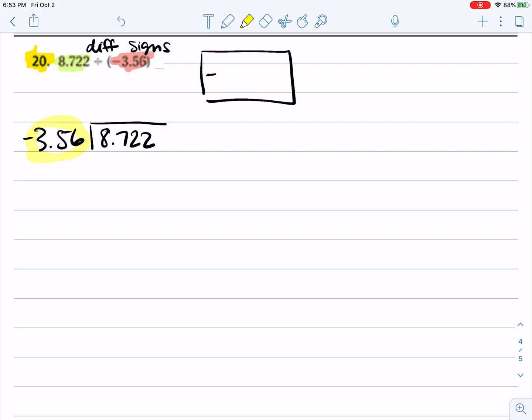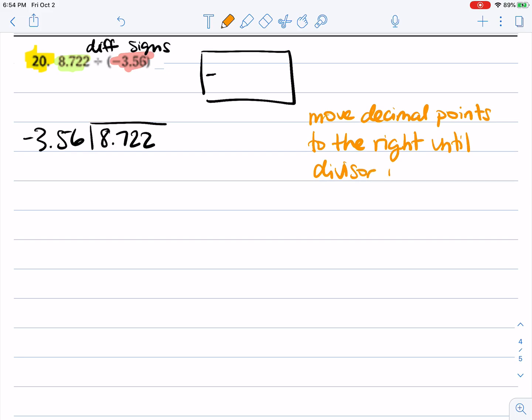So what we need to do is move our decimal points to the right until the divisor is a whole number.